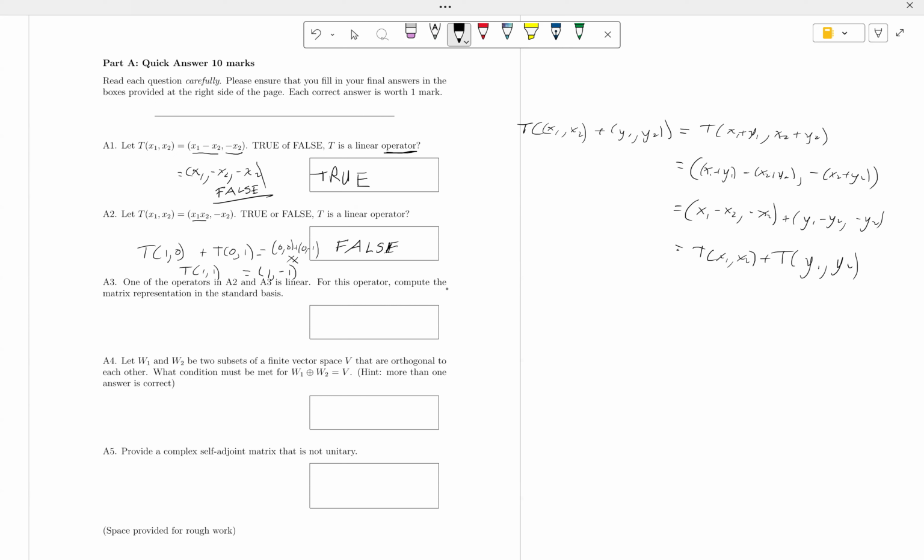Now, one of these operators is linear. For the operator that is linear, compute the matrix representation in the standard basis. Well, that's asking what does T do to (1, 0)?